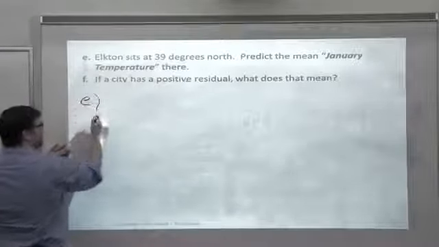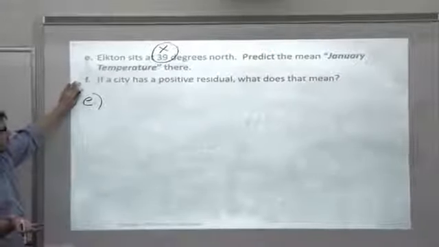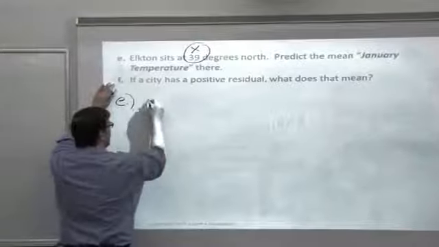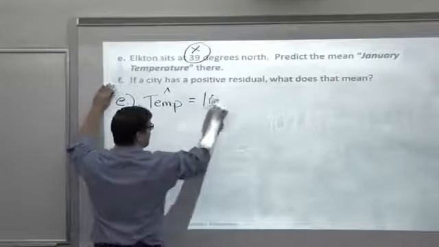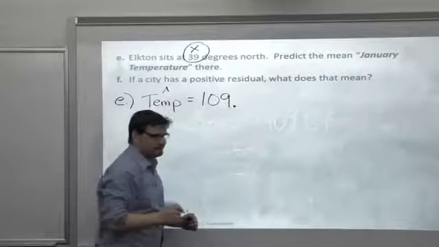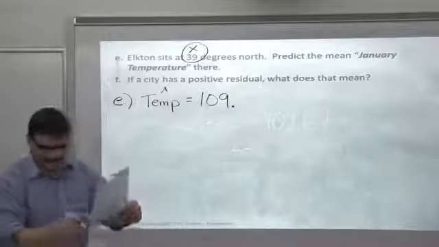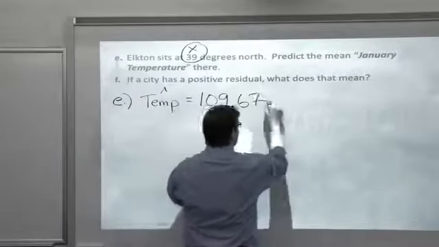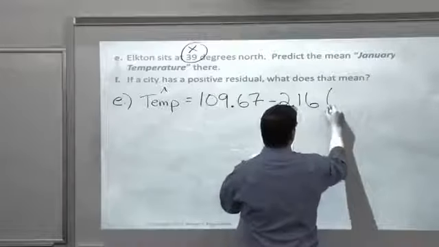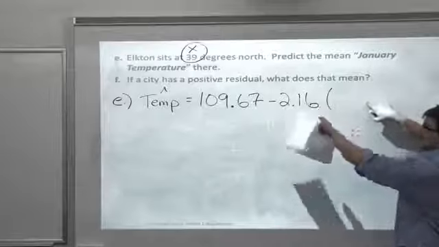In other words, part E says predict for x equals 39 degrees. Okay? So, our equation was temperature equals 109.67 minus 2.16 times latitude. Good thing I checked. For part E, latitude is 39 degrees.